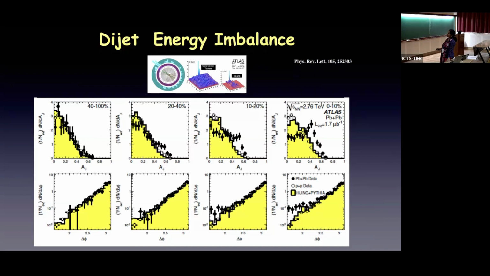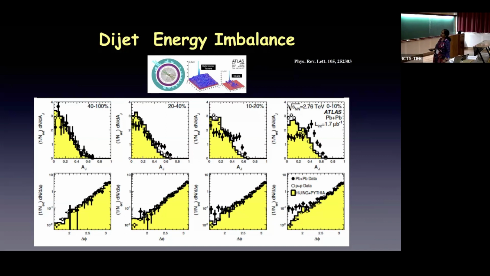For PP that doesn't make any sense, it's the same measurement; it is peripheral to central for lead-lead. For PP collisions, it is the expected behavior. Most of the events or the distribution is around 0. It's very low values, and that is expected because you are seeing that also in your detector.